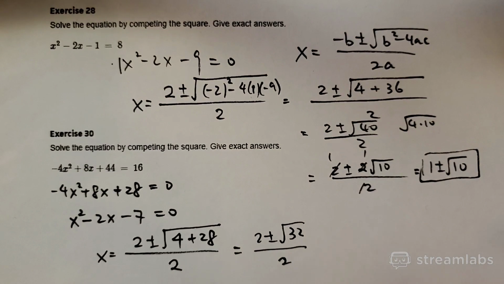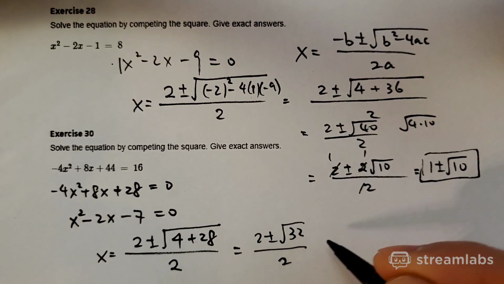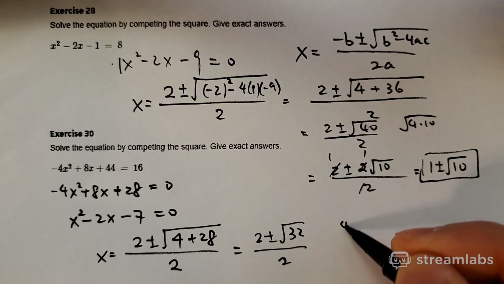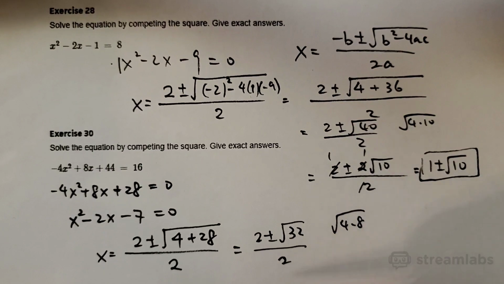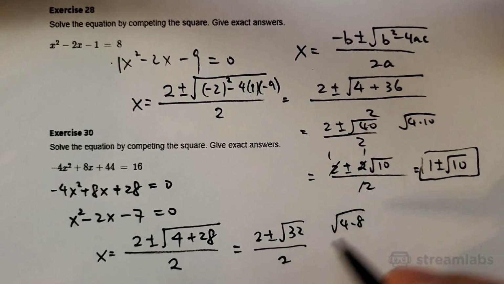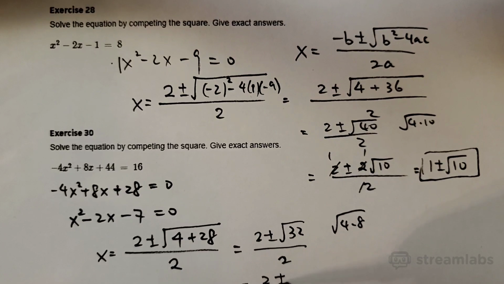And once again, this can be simplified because this is like 4 times 8, right? And the square root of 4 is 2. So 2 plus or minus 2 root 8 over 2, which is going to be 1 plus or minus root 8, because I can cancel out 2.